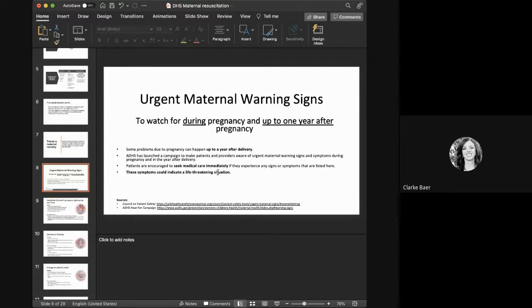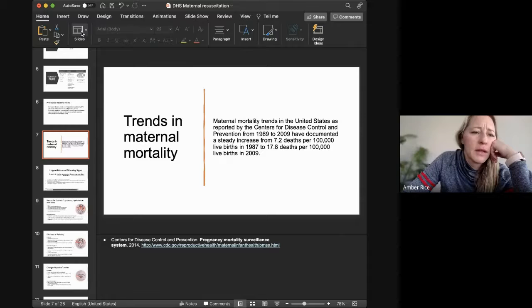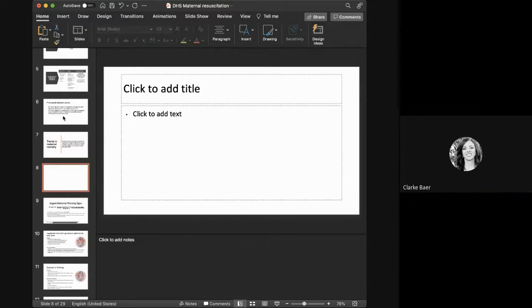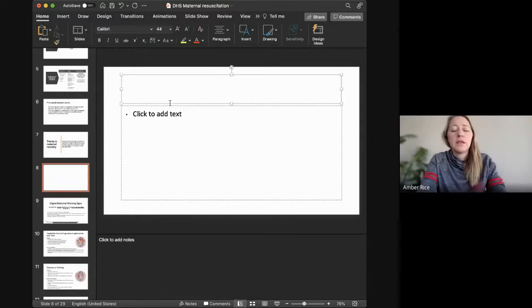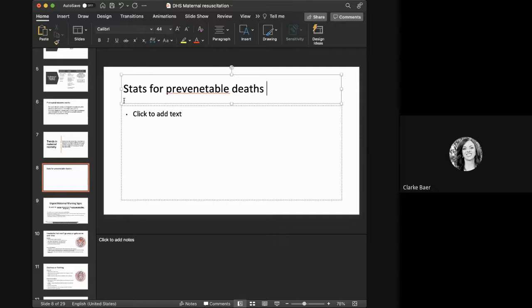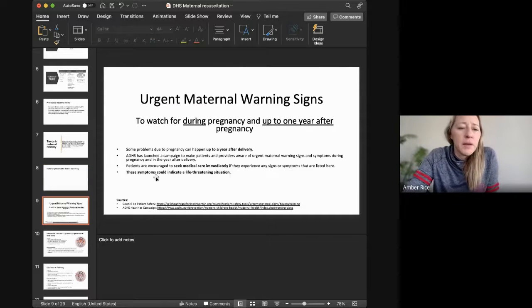That's a good idea. So let me put a slide holder in here. I can send you that. This is going to be stats for preventable deaths by timing during pregnancy. I'll send you a title too that makes sense. Okay. And that will be the rationale.